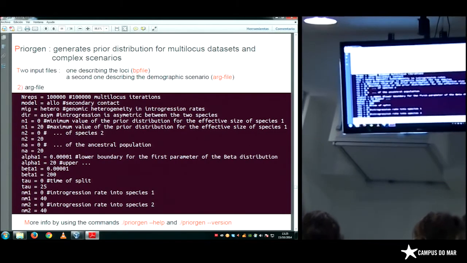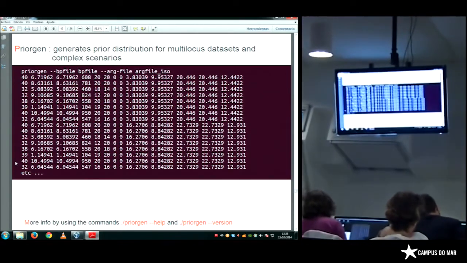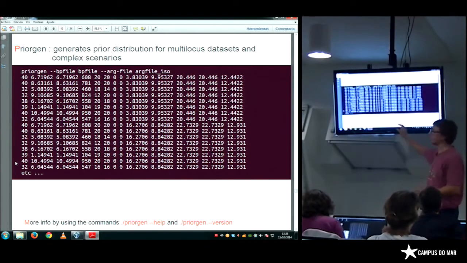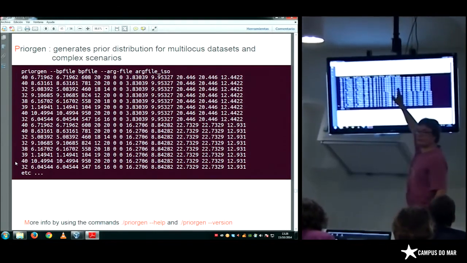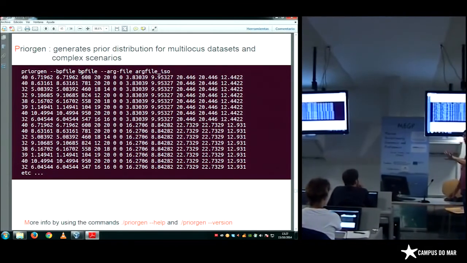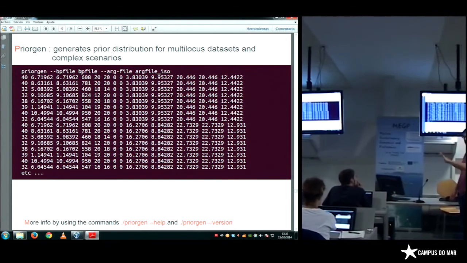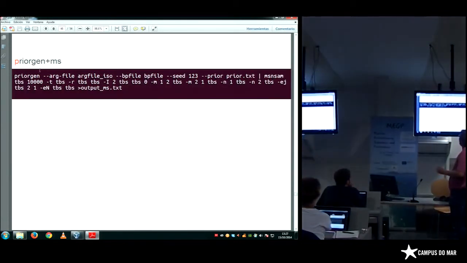We have alpha, beta. Ah, yes, the population sizes, of course. We have the 3 population sizes, 1, 2, 3, and the alpha and beta. Okay? So now that we know how to generate the prior, we can put MS after PriorGen.